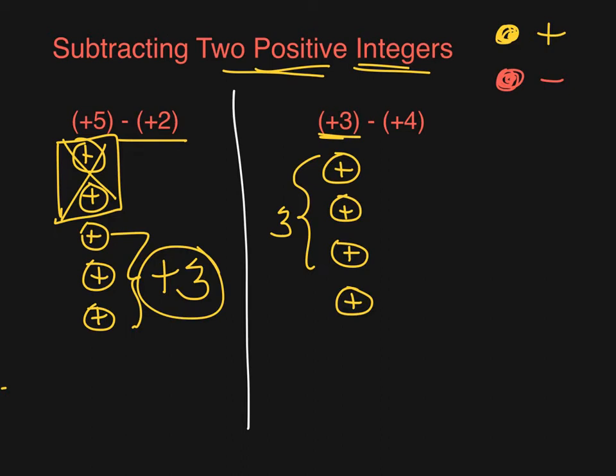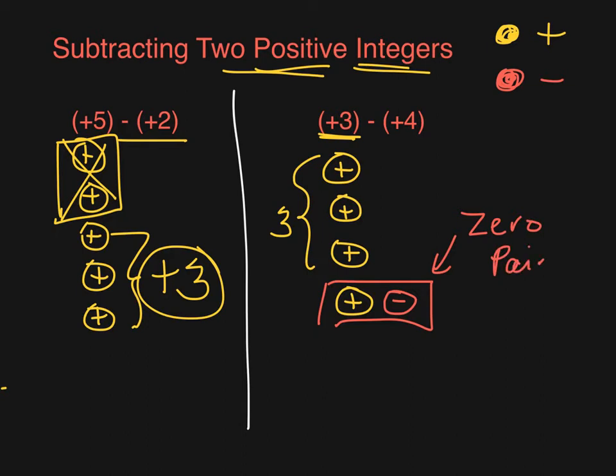So what can I add to any number and not change it? Well, you should know that you can add 0 to any number and not change it. So you should know that this is a 0 pair, because when I've got a positive and a negative together, they equal 0.